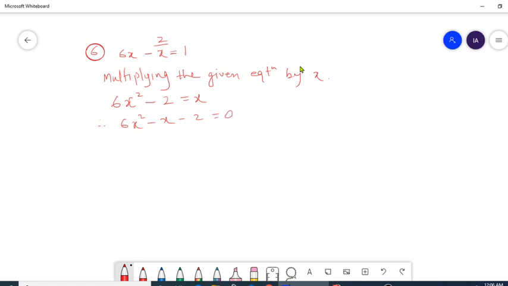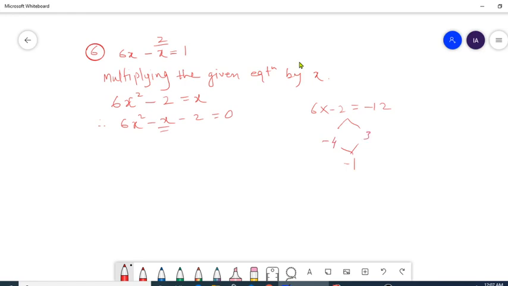Now I'll take coefficient of first term and third term, and their product is minus 12. So I need two linear factors whose sum should be minus 1, because coefficient of middle term is minus 1. So here we need to find two such linear factors whose product should be minus 12 and their sum should be minus 1. In that case we can take negative 4 and positive 3, that is minus 4 and plus 3.